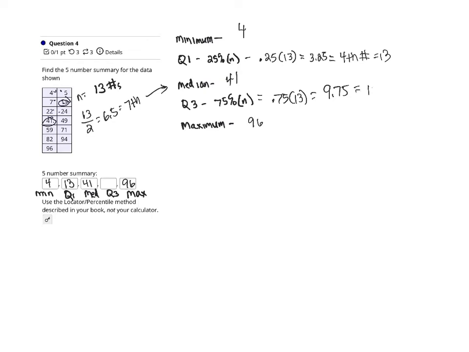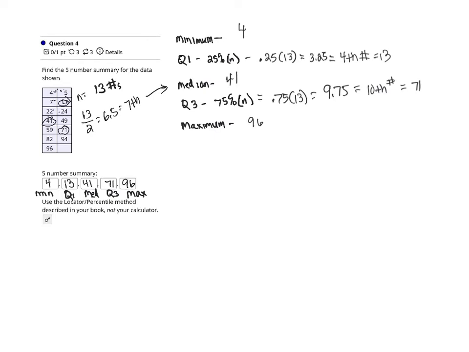So this goes up to 10. So we want the 10th number. 2, 4, 6, and that's 7, 8, 9, 10. So 71 is our 10th number. So there is our 5-number summary: 4, 13, 41, 71, and 96.